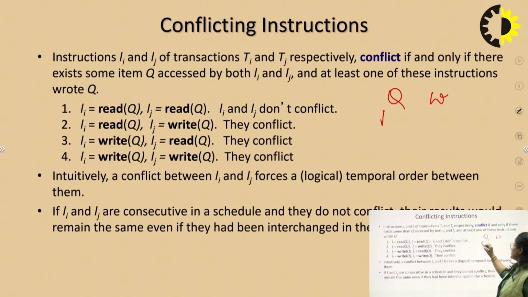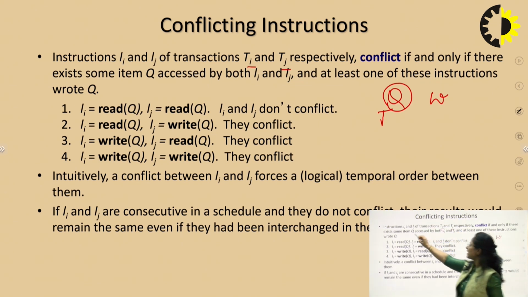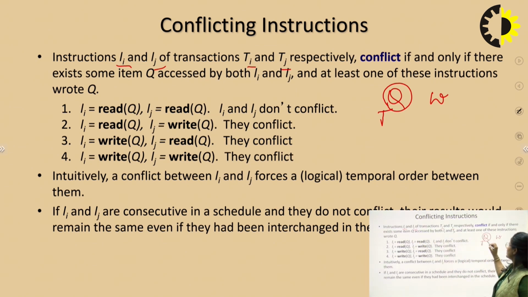When both transactions are working, suppose transactions Ti and Tj have instructions Ii and Ij, and both are working on the same data item Q. If the data items are different, there won't be an issue. If they are working on the same data item and both instructions are reads, there won't be any issue.